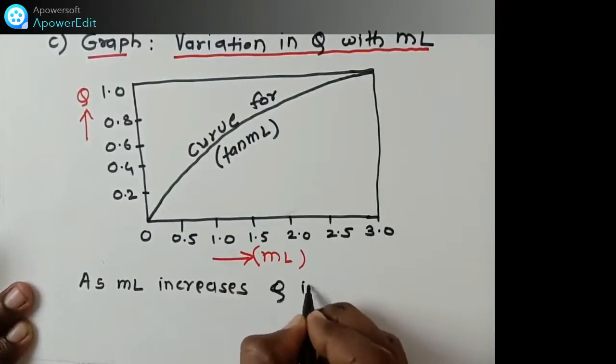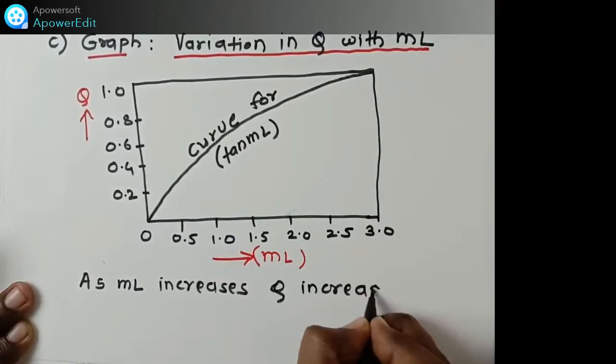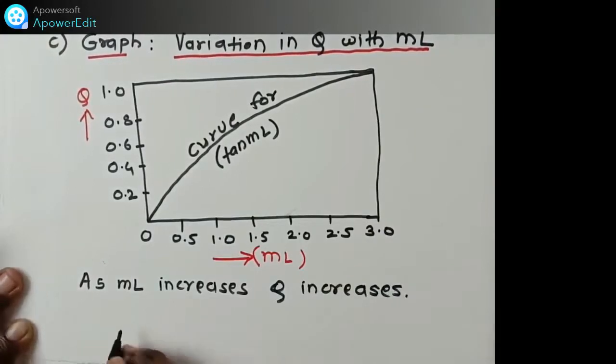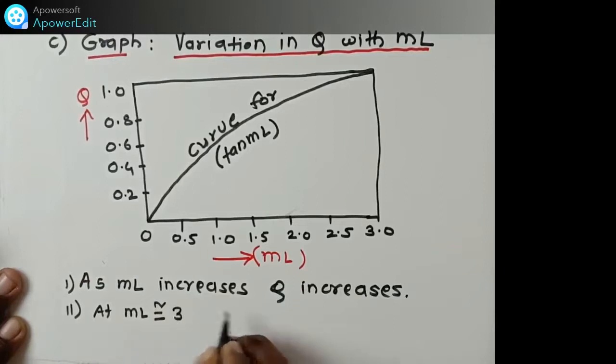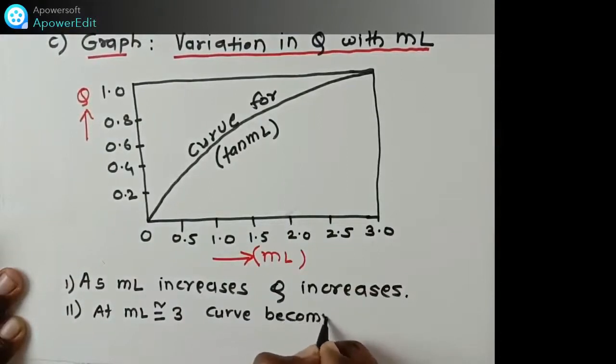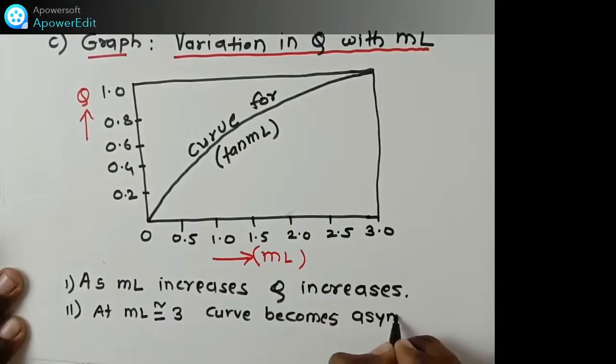So as ml increases, heat flow increases. Second observation, at ml nearly equal to or equal to 3, this curve becomes asymptotic.